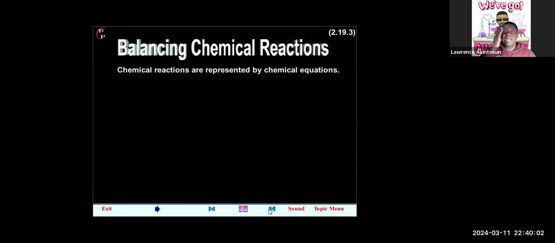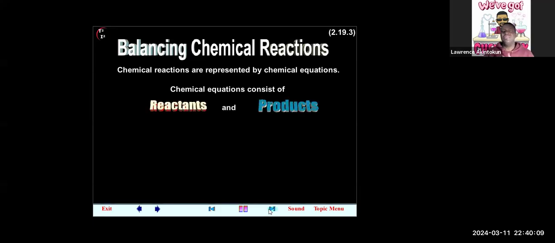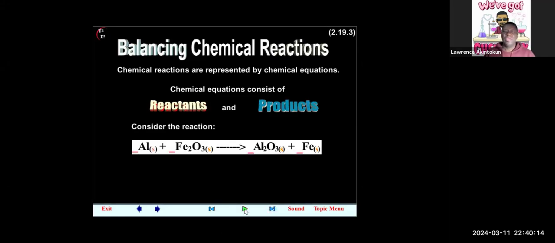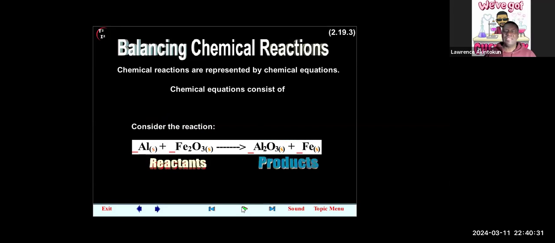Chemical reactions are represented by chemical equations. Chemical equations consist of the reactants and the products. Consider this reaction: Al(s) plus Fe2O3(s), that is iron(III) oxide, also solid, to produce Al2O3 plus Fe. What you have on the left side is called the reactants. That means your Al plus Fe2O3 are reactants.